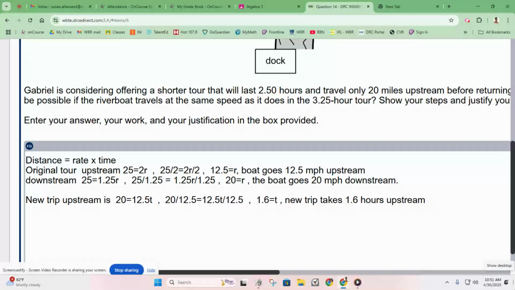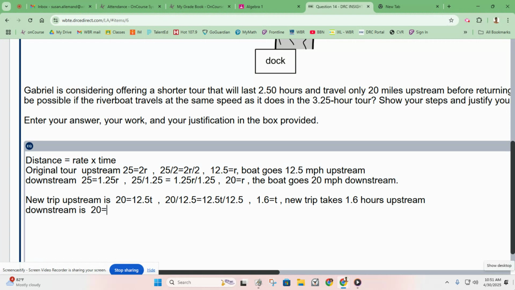Let's now look at the new trips downstream. All right, downstream, we're still going 20 miles on our new trip, so it'll be 20 equals.